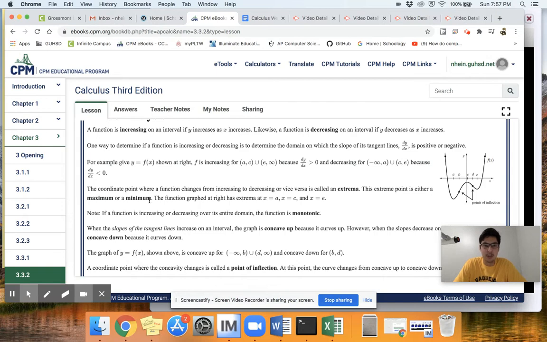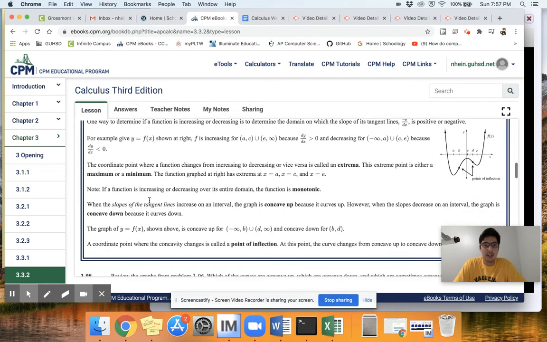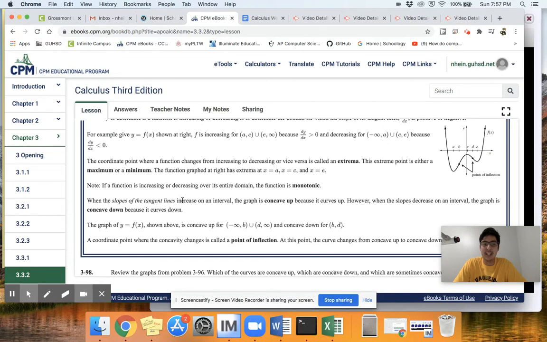Extrema we talked about, and critical points. The slopes of the tangent lines when they increase. So when the second derivative is increasing, when it's positive, the graph is concave up, which we talked about. And when the slope of the slope, in other words, the second derivative, is decreasing, when it's negative, it's concave down.